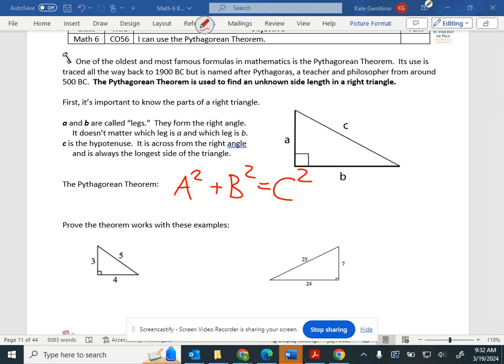So remember, you're gonna wanna put these on here. The legs are A and B. They form the right angle.